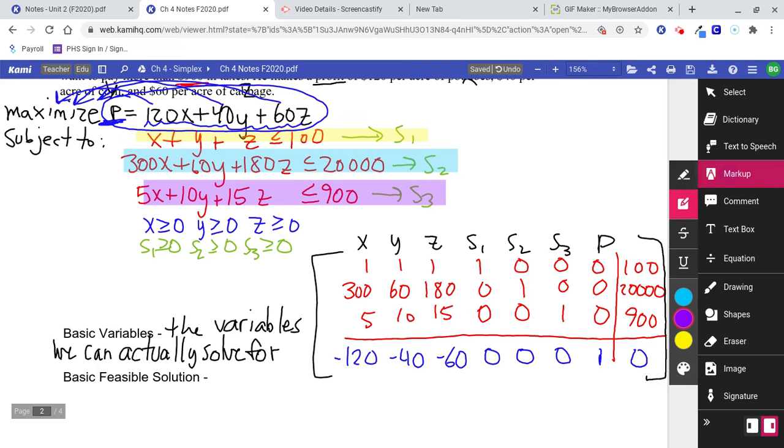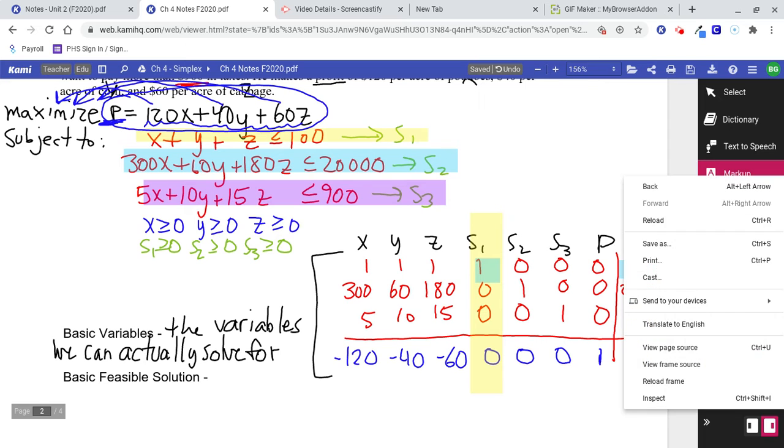But look at S1, okay? S1 is a basic variable. Basically, if you think about your Gauss-Jordan process, you look at this number right here and this number right here. And just think about how we did Gauss-Jordan. We could say that S1 is equal to 100.